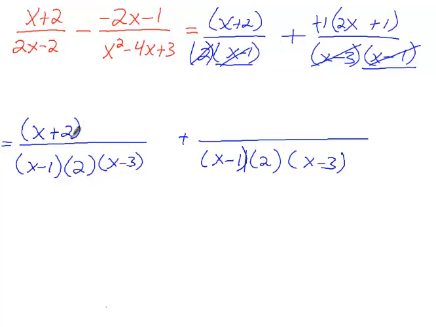Can I just multiply the bottom by something in a fraction and keep things equal? No, if I multiply the bottom by something, what do I have to do? Multiply the top. So what did I multiply this bottom by to get this line? X minus 3. So what do I have to add on top? X minus 3.